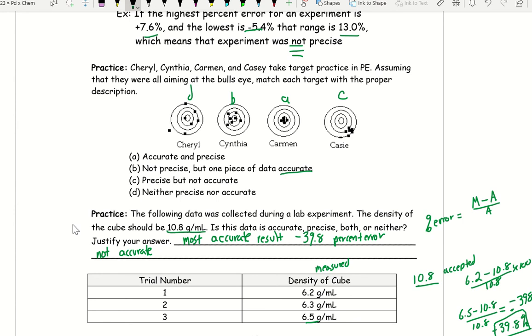However, all of these values are within 2.8% of each other. All right, so they don't move very much. So I will say in this data, it is precise, but not accurate. All right, and that's how you interpret data. Not easy, not hard, it's just part of the thing.